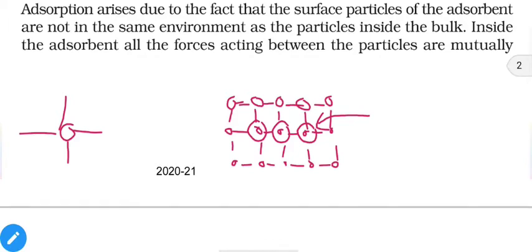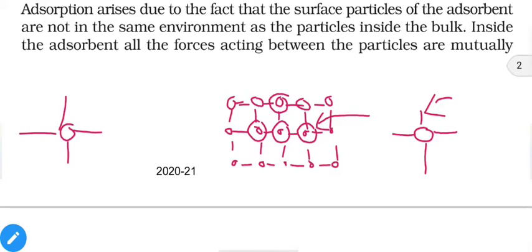But a surface particle, for example this one, has only 3 bonds. That means it is not satisfied or stabilized, because it needs 4 electrons to share with. So this bond will remain empty, nothing will be attached to it, and that is why it will be reactive.